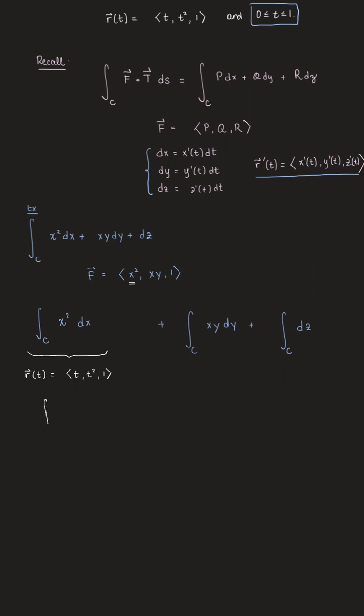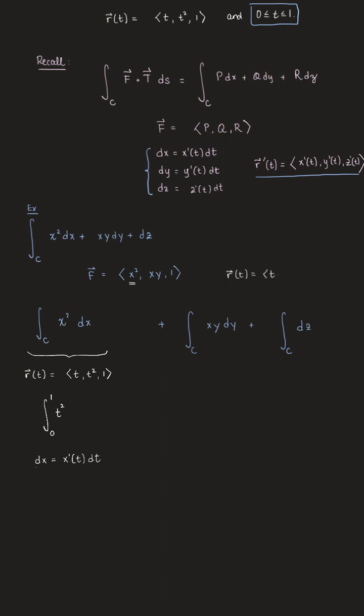We know t goes from 0 to 1, and now we need an expression for dx. dx is equal to x prime of t dt.